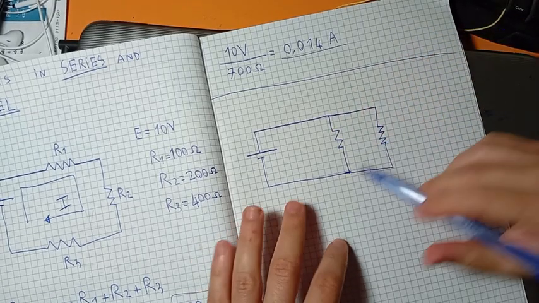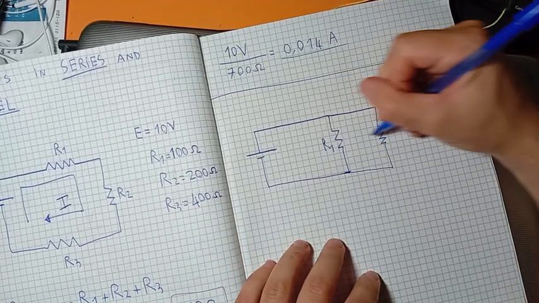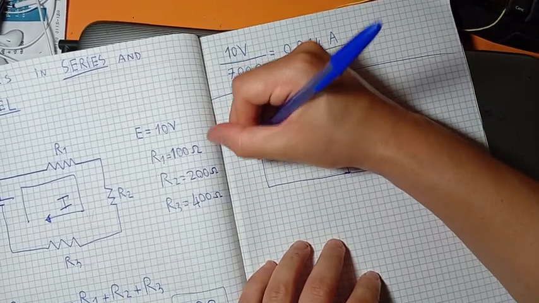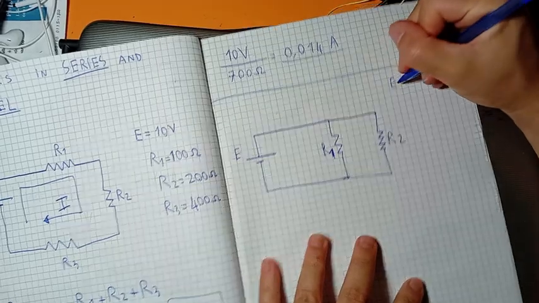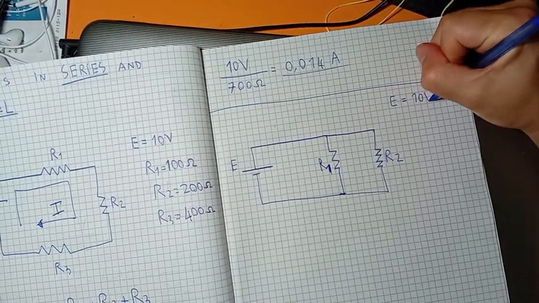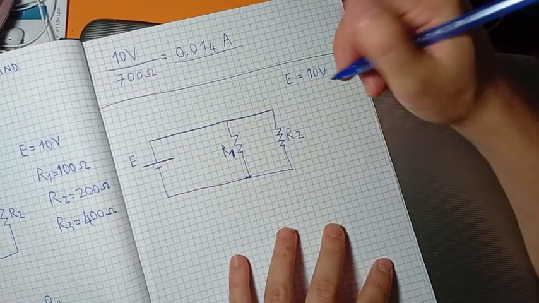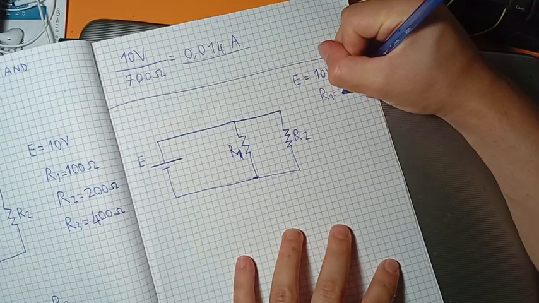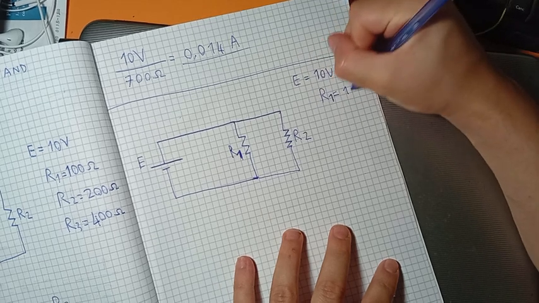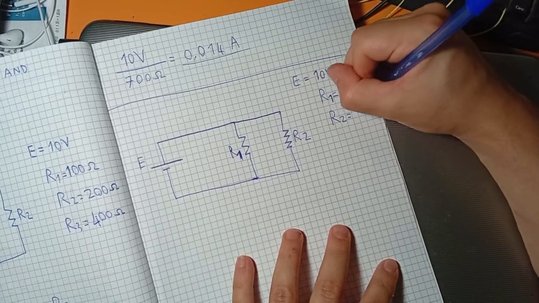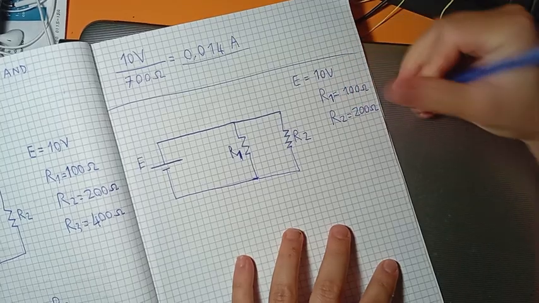I have R1 and R2, these two resistors, and this is my generator. The generator is always 10 volt. R1 is 100 and R2 is 200 ohm.